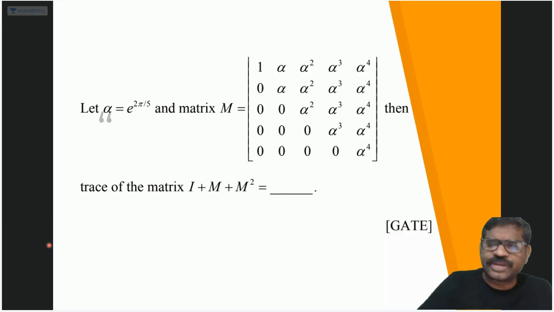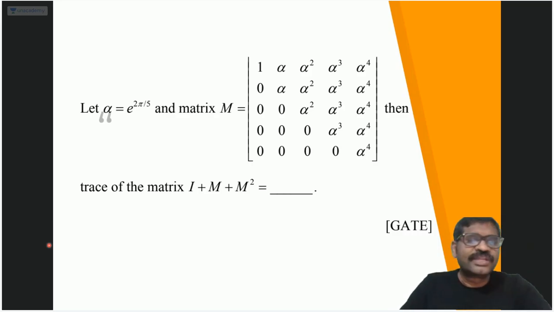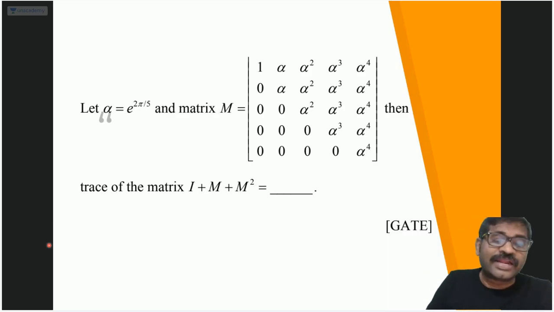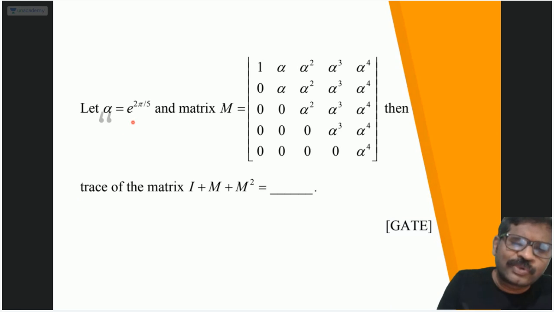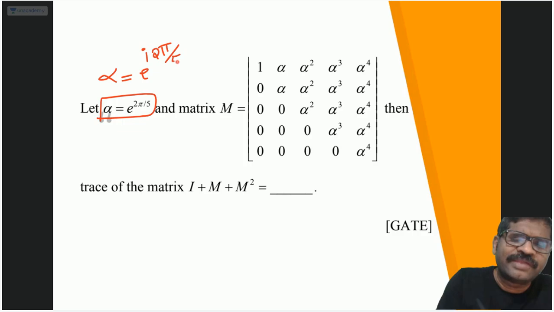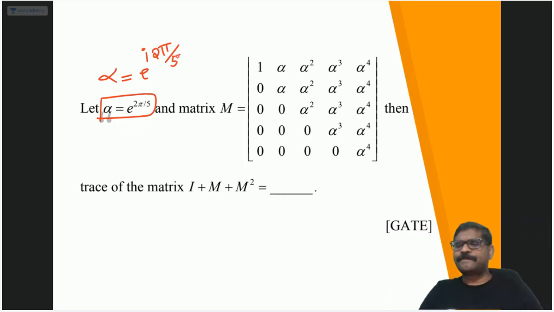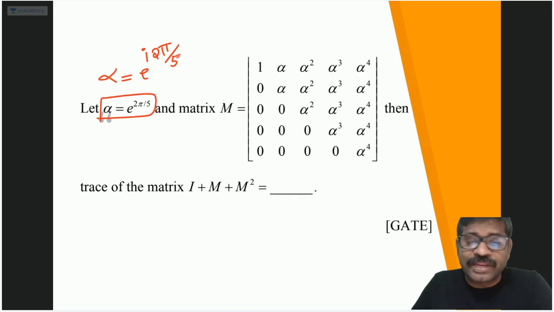Now go to the next problem. Let alpha be equal to e power i 2 pi by 5. Okay, now alpha is e power i 2 pi by 5 and matrix M is 1, alpha, alpha square and so on.